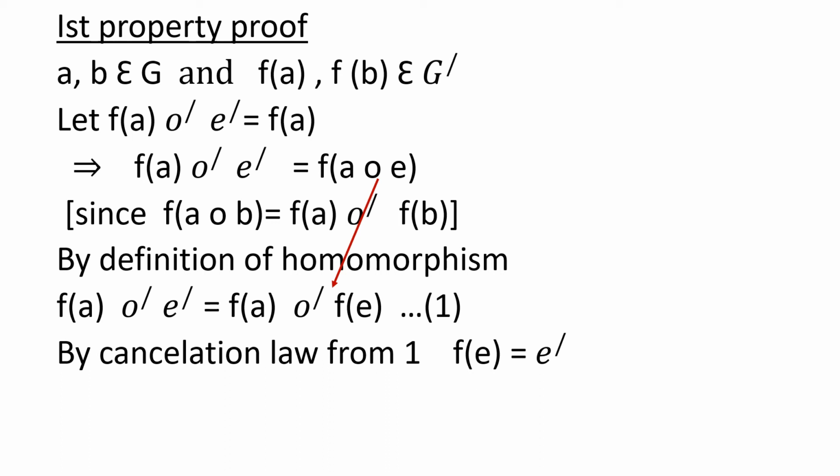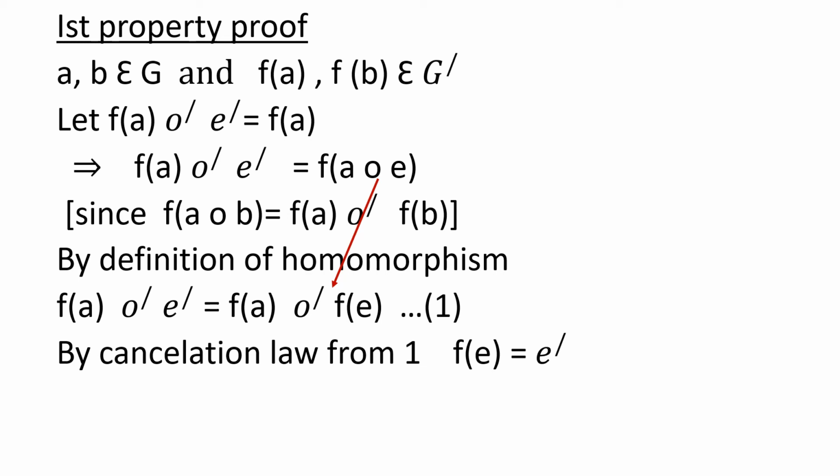Again, I am repeating. We know that a and b are elements related to group G. Accordingly, f(a) and f(b) will be elements related to G'. Now suppose f(a) O' e'.